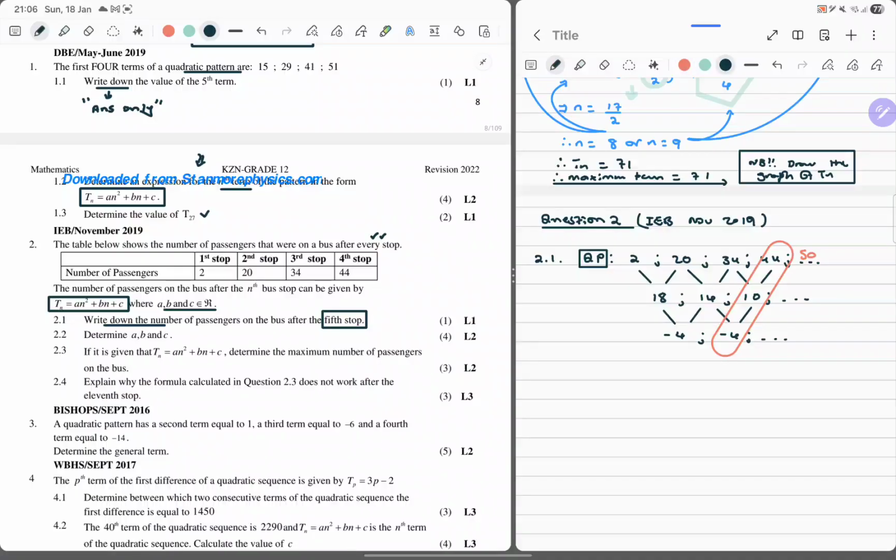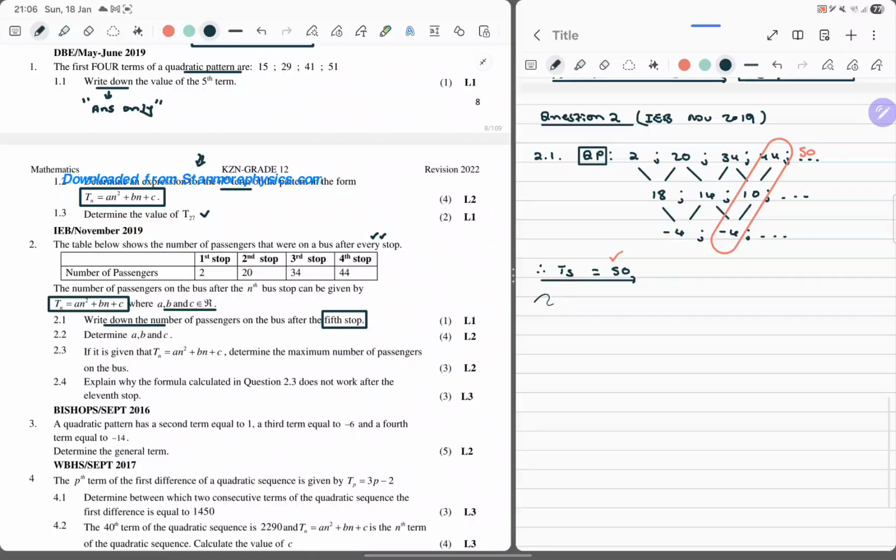So I can safely say, therefore, T5 is equal to 50. Or we can say there were 50 passengers on the 5th stop. At this stage, this is acceptable. We can leave it here. Of course, it's just 1 mark, guys. But there's nothing wrong in showing how we got it and how we move forward with it.